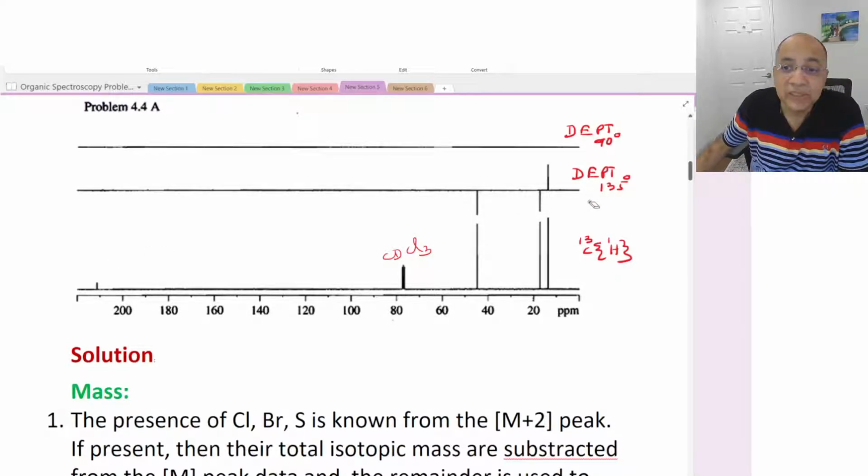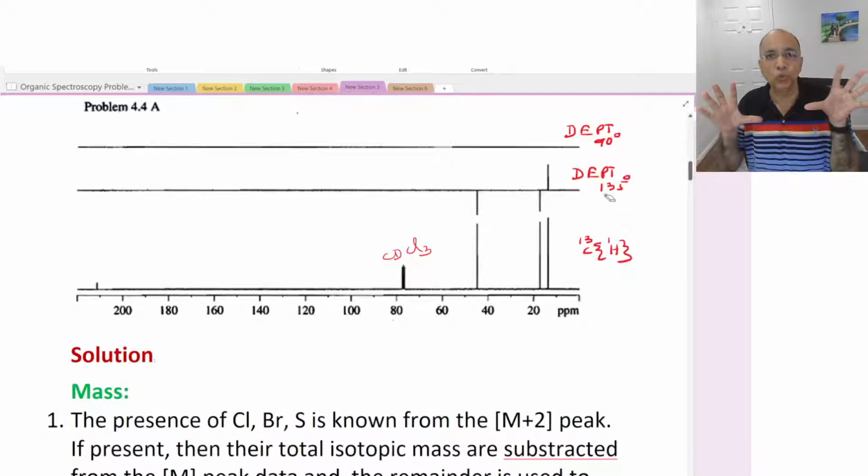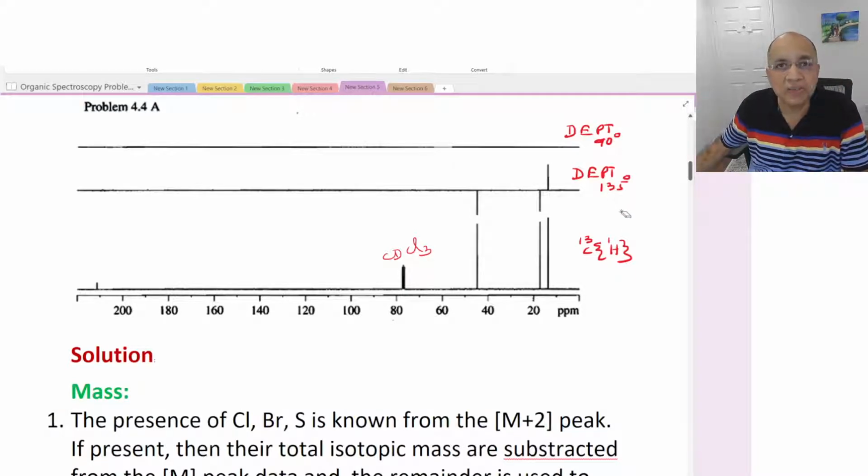And let me tell you that DEPT experiments are very cool. DEPT-135 indicates how many methylene groups are there. In the same C13, you will not find any quaternary carbon in any of the DEPT. In DEPT-135, you get the methyl and methine as positive signals upwards, and methylene CH2 as a downward, negative signal.